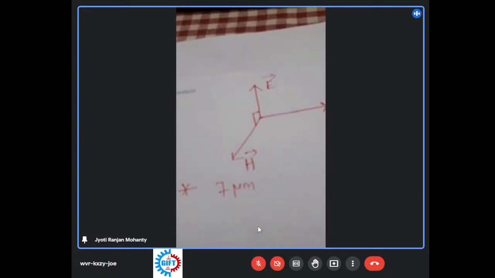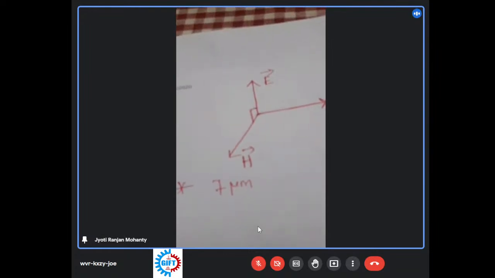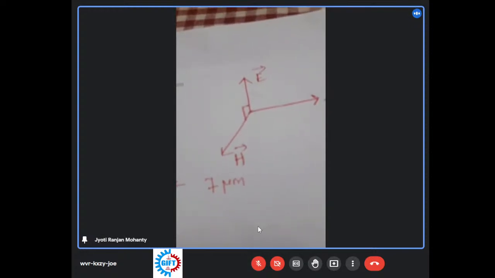Find the magnitude of the Poynting vector.